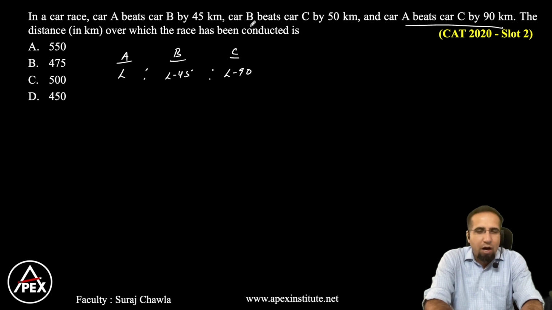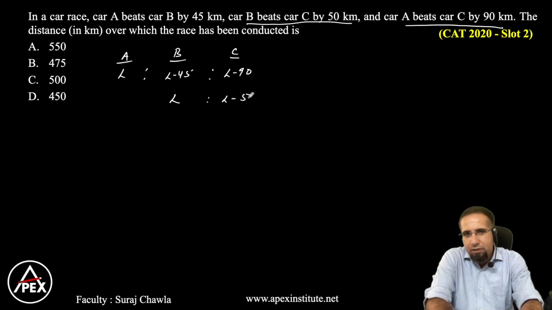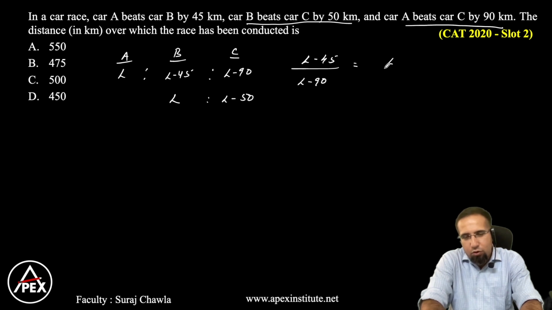Clear? Now car B beats C by 50 kilometers. So when B covers L, C covers L minus 50. Again the same logic, the ratio of the speeds of B and C is same. So we can write this as L minus 45 divided by L minus 90 is equal to L divided by L minus 50.